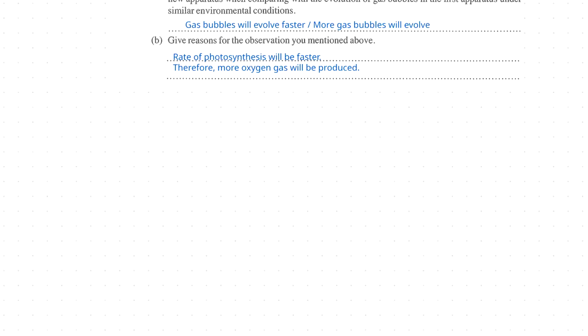Number one, factors affecting solubility: temperature. Put number two and write nature of solute. Number two, nature of the solute.